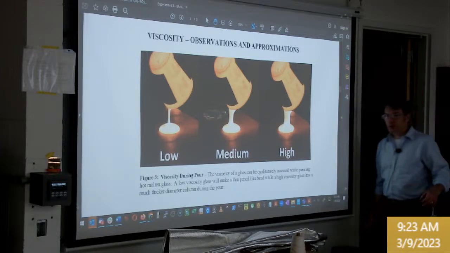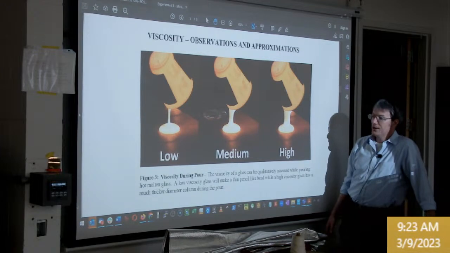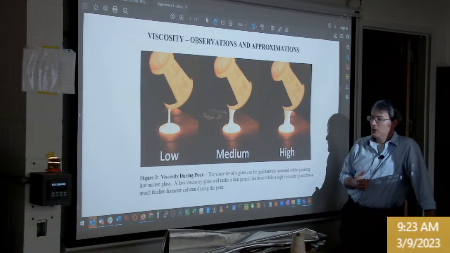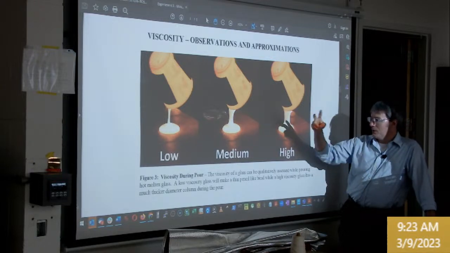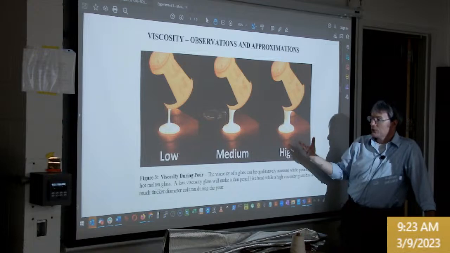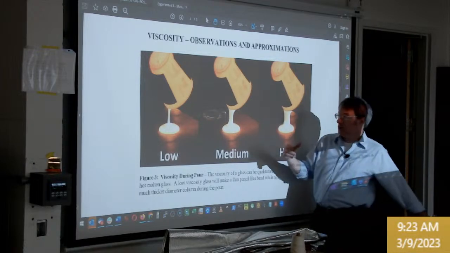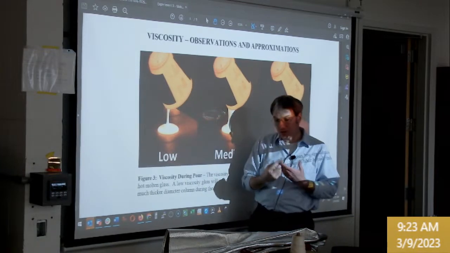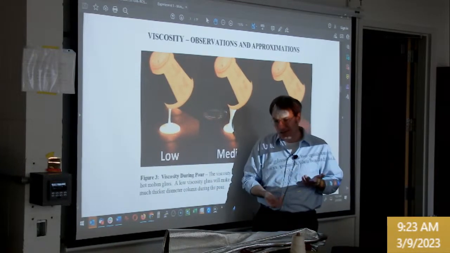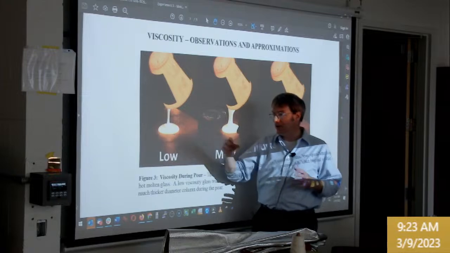Some visual clues to look for as we're pouring and as you review the video later on is the appearance of what we call the bead of glass that's exiting the crucible. If it's a low viscosity, it pours out quickly and has a thinner bead throughout the pour. They all get thin at the end, but at the beginning, how thick is that amount?